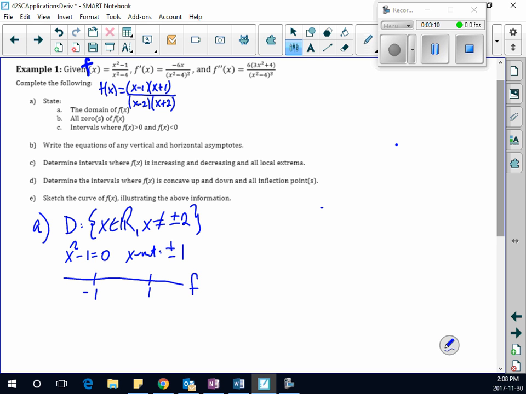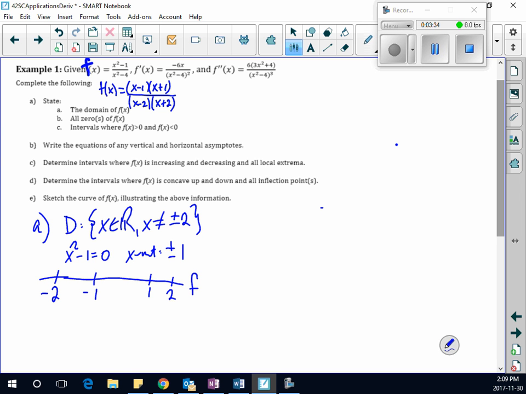You have a vertical asymptote. So there is another section we should be looking at. We should be putting 2 and -2 in there as well, because it's going to make a difference here. So what's on the left of -2? What do we get?